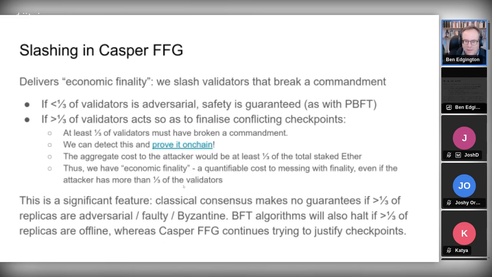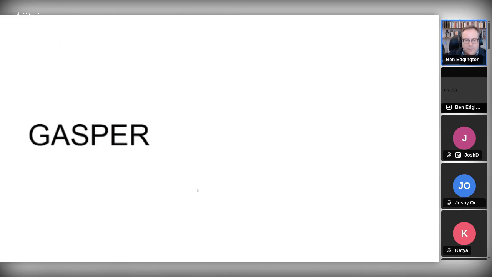And this is an amazing breakthrough. Under classical consensus mechanisms, if more than 1/3 of the replicas or validators are adversarial, all bets are off. Generally they halt or go haywire. So being able to put a cost on attacking the chain is very powerful.